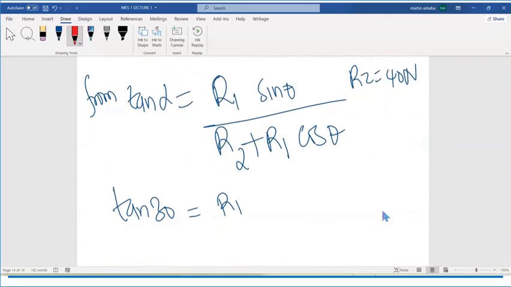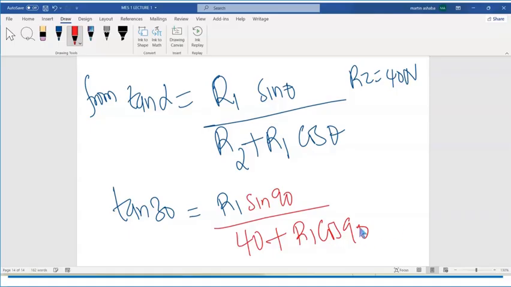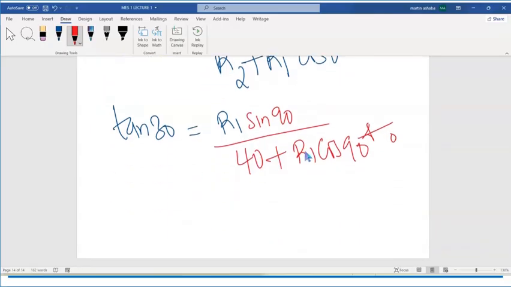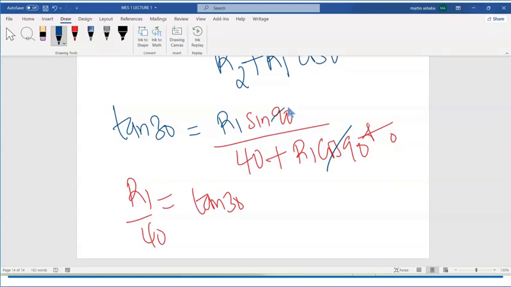So we are given tan 30, R1 is not known, then sine 90, divided by R2, which is 40, plus R1 cos 90. So this is 0. This is 1. So meaning R1 out of 40 is equal to tan 30, because we are saying this is going and this is becoming 1.